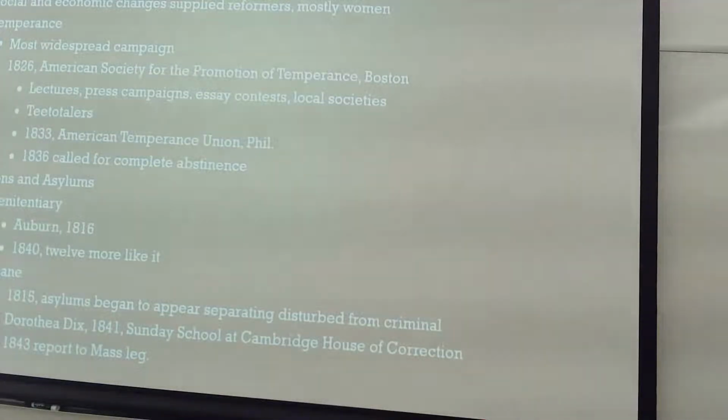Prisons and asylums were another issue. This was based on this romantic and religious idea of the basic goodness of humans, that, okay, he might be a serial killer, but deep down he's good. And if you can just remove him from that situation that makes him a bad person, he can be reformed.